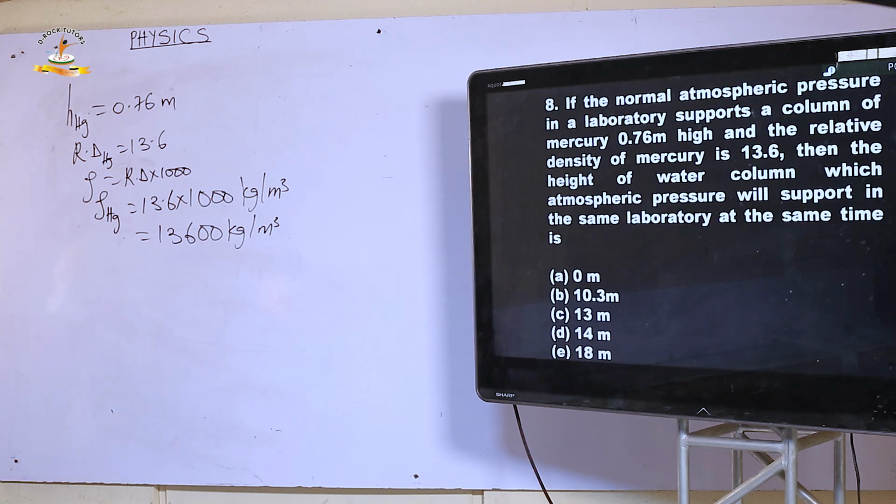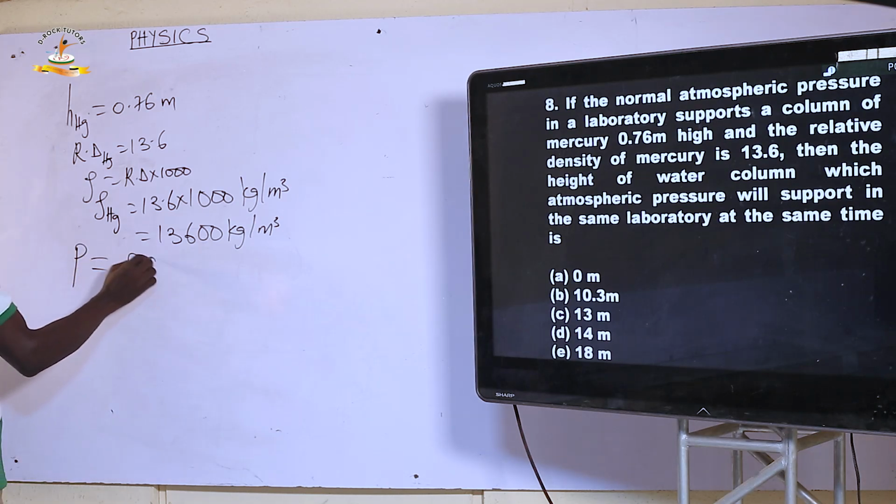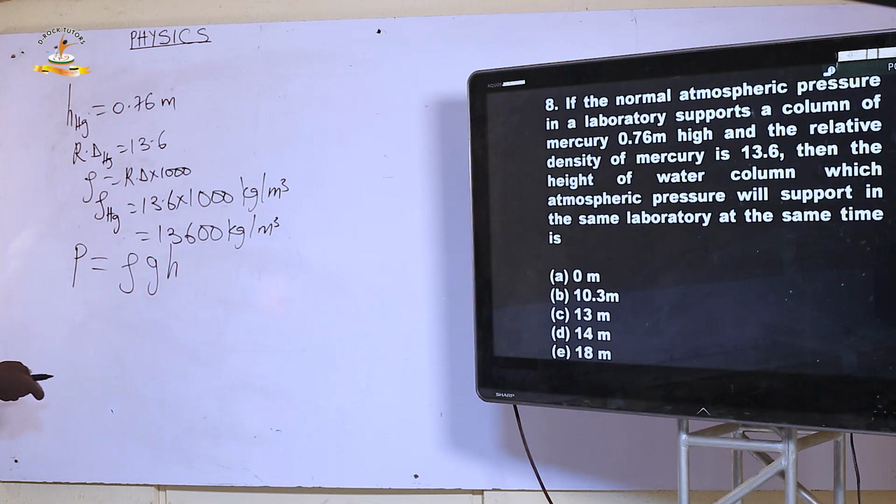Let's now approach the problem. Don't forget that pressure equals density times g times height. So we need to get the pressure of mercury. If you get the pressure of mercury, we can move that to get the pressure that will happen to water.